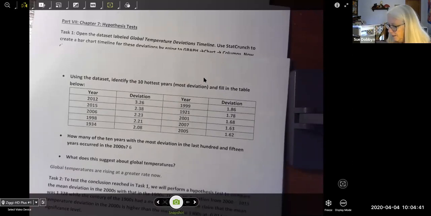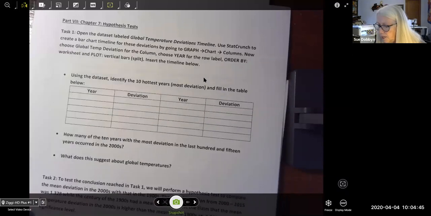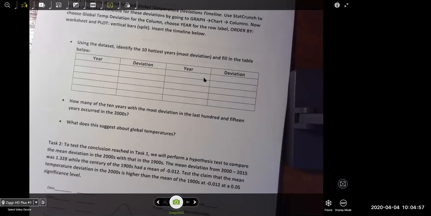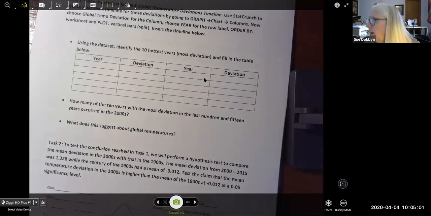So it asks how many of the 10 years with the most deviation in the last 115 years occurred in the 2000s. So how many were there? 6. Yeah. So 6 out of the hottest 10 years occurred in the 2000s.